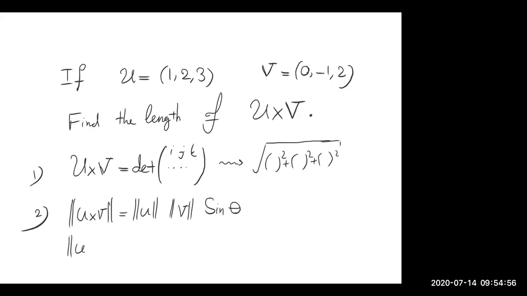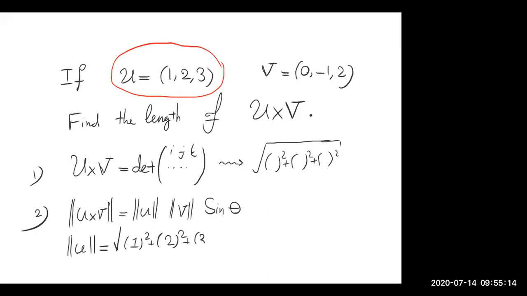The length of u would be the square root of the sum of the squares of its components. 1 squared plus 2 squared plus 3 squared, which is 1 plus 4 plus 9. It would be square root of 14. Okay. What about v? The norm of v would be square root of 0 squared plus -1 squared plus 2 squared.